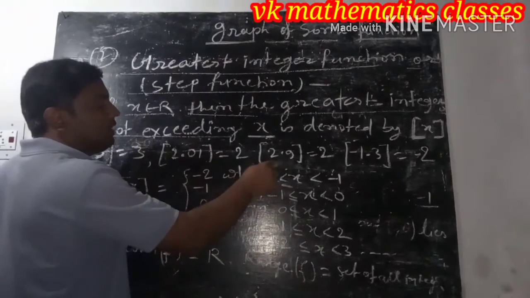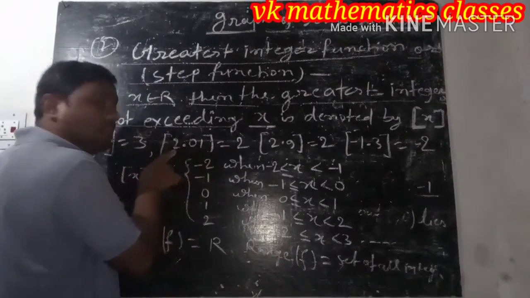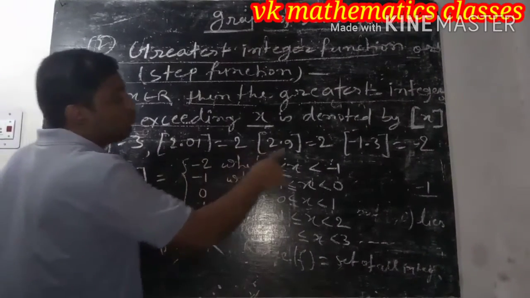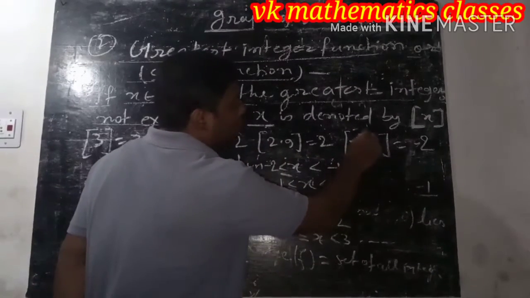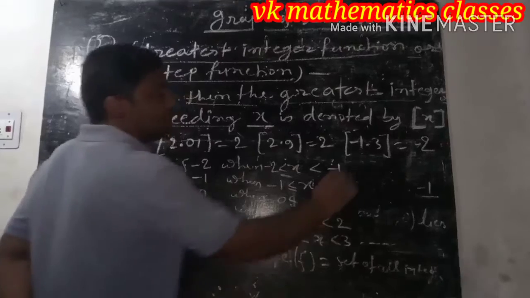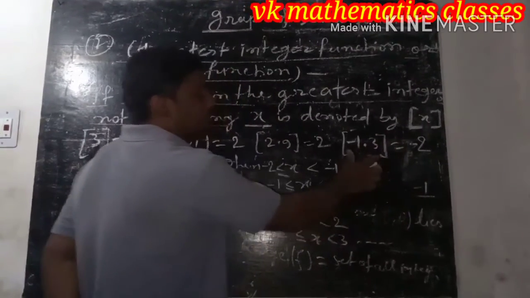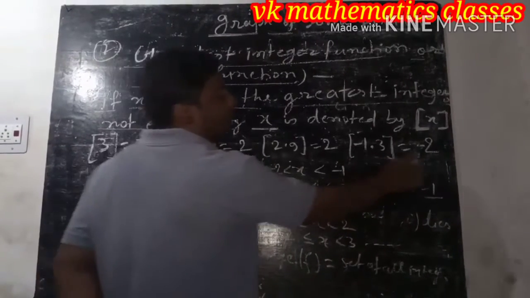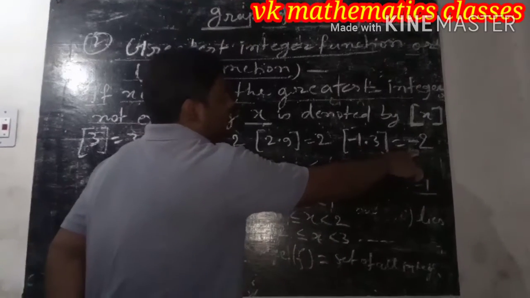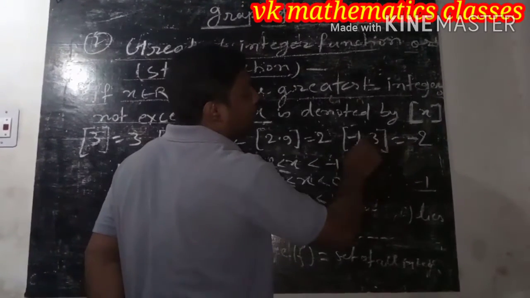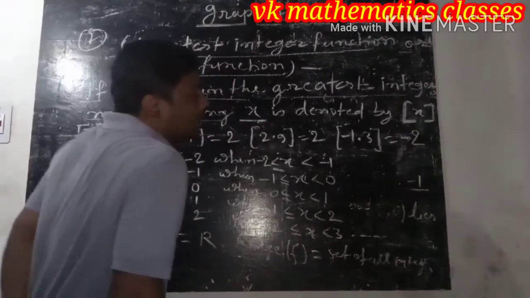So for 2.01 the greatest integer is 2, and for 2.9 the greatest integer is 2. For minus 1.3, the greatest integer is minus 2, not minus 1. Here be careful: minus 1.3 has greatest integer equal to minus 2.